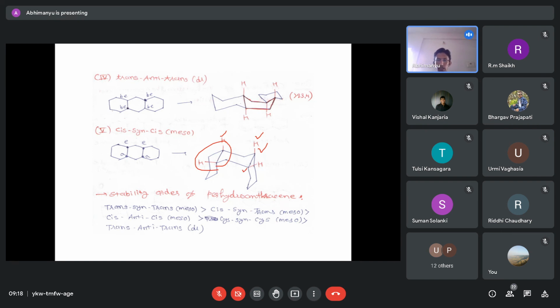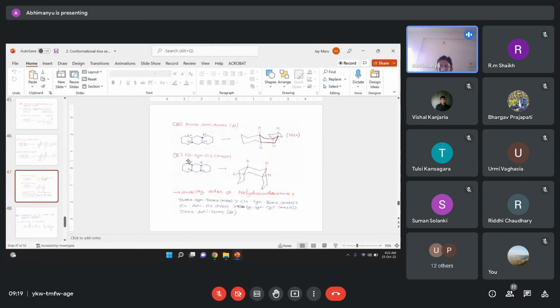So these are six different conformations of perhydroanthracene. The stability order is the same as the way I drew them. So in this conformation structure, you have to remember the conformations.